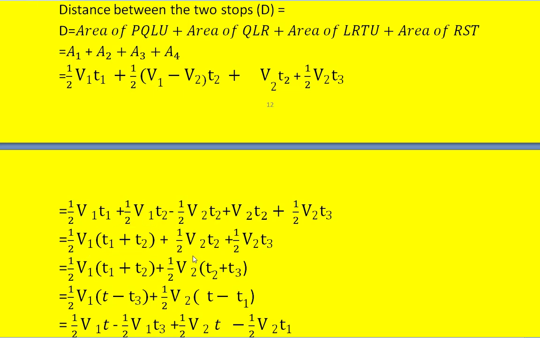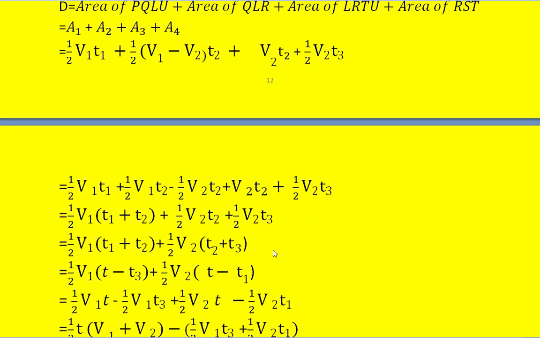Next, half V2 T2 plus half V2 T3. So next we can write further like this: half V1 into T1 plus T2 plus half V2 into T2 plus T3.